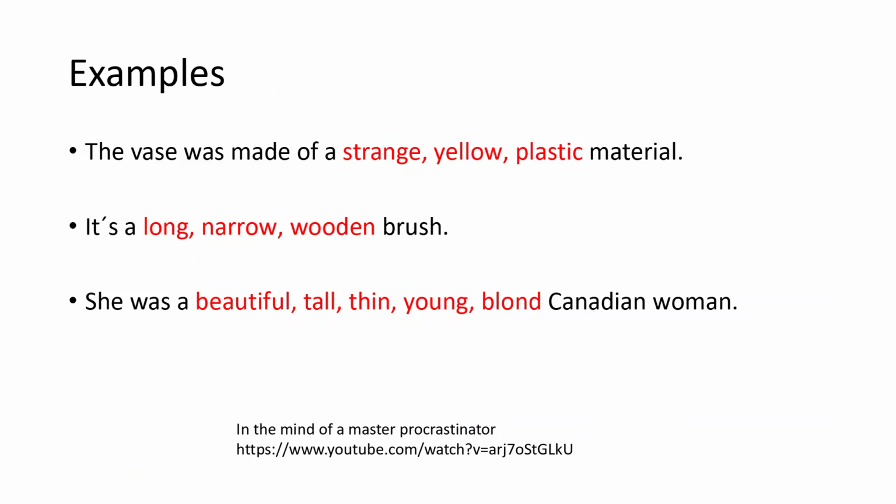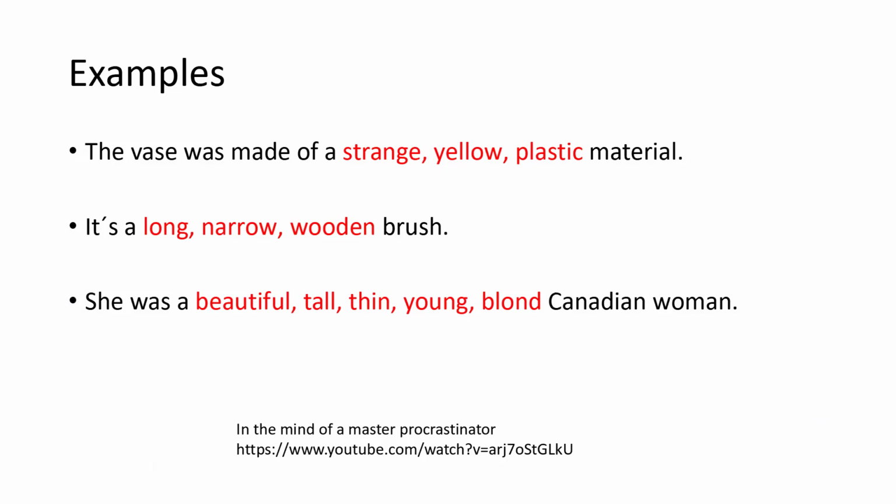Let's check a few examples. Let's say we're describing a bowl. The vase was made of a strange, so that's your opinion, yellow, that's the color, plastic, that's the material. So we say the vase was made of a strange yellow plastic material. Another example would be it's a long, narrow wooden brush.